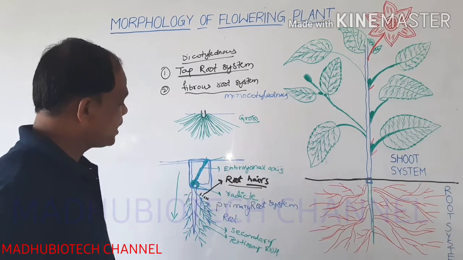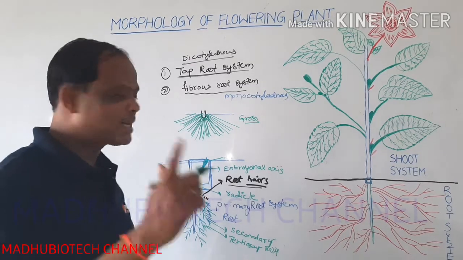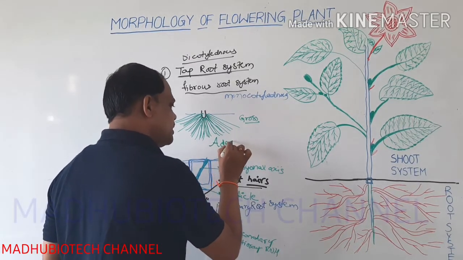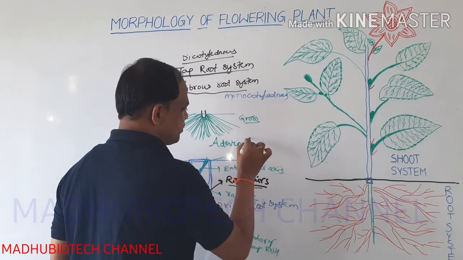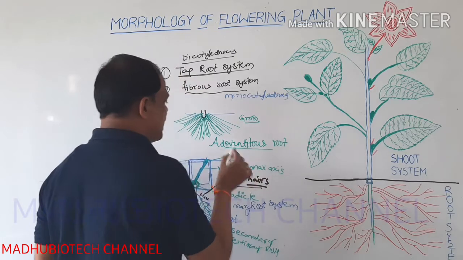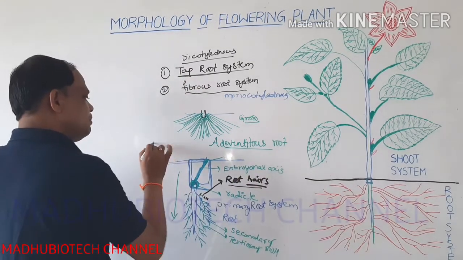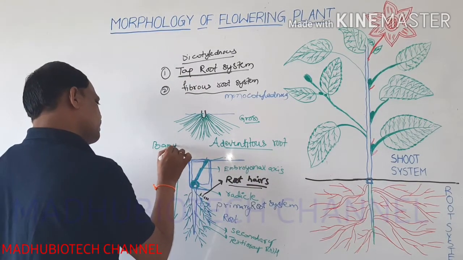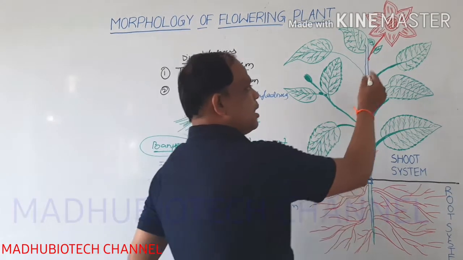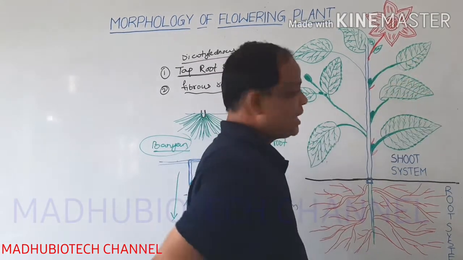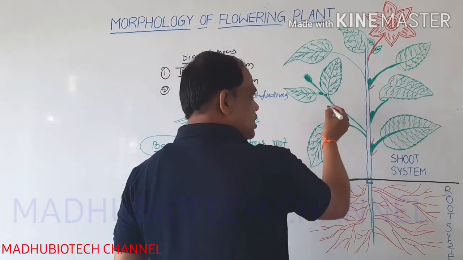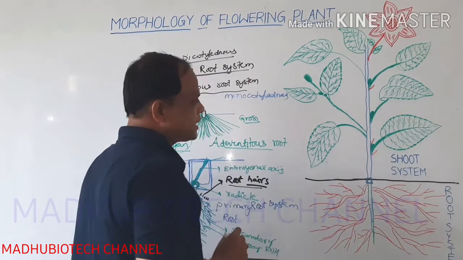Some plants contain one more root system, that is the adventitious root system. For example, the banyan plant. On the branches, small root-like structures arise.